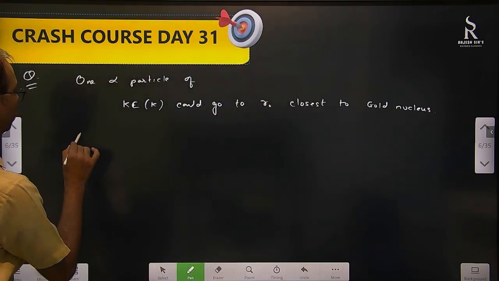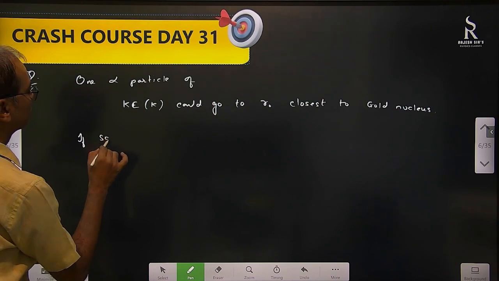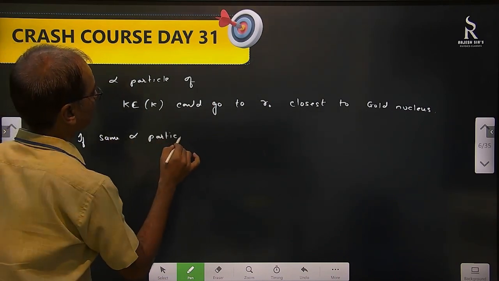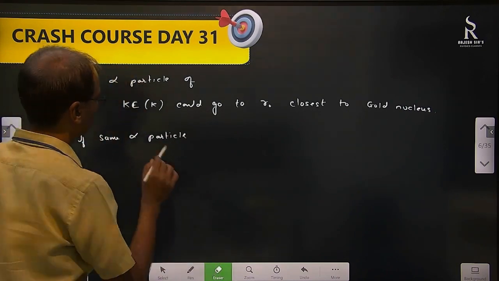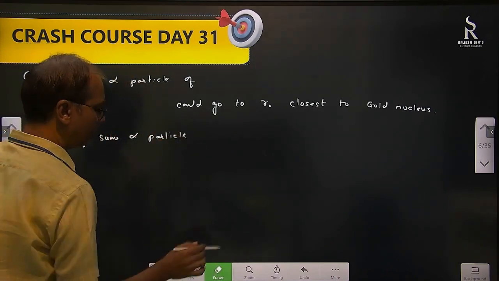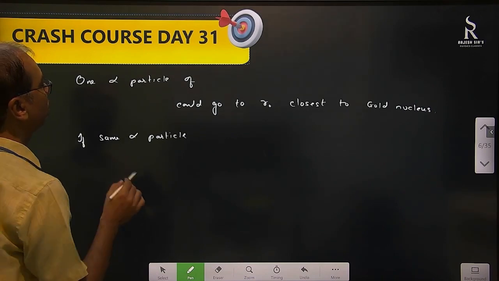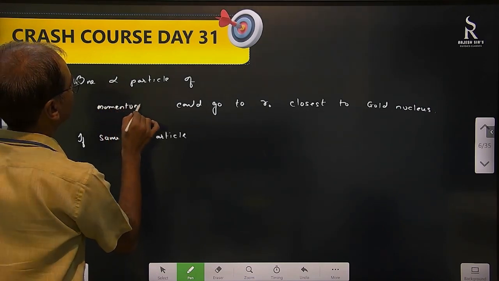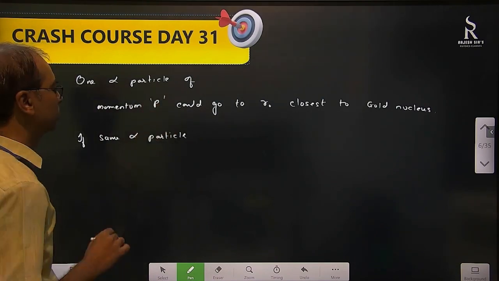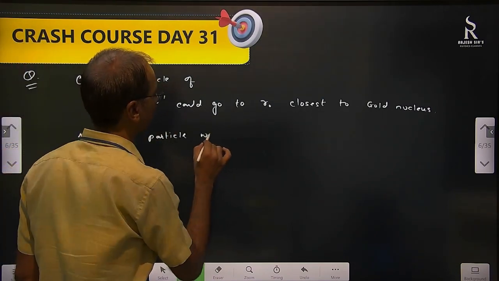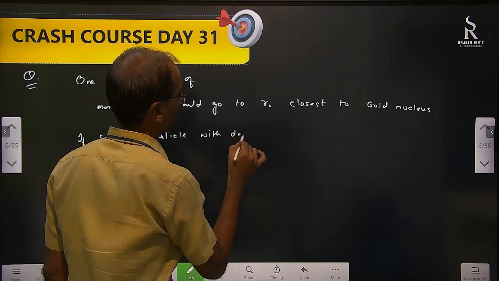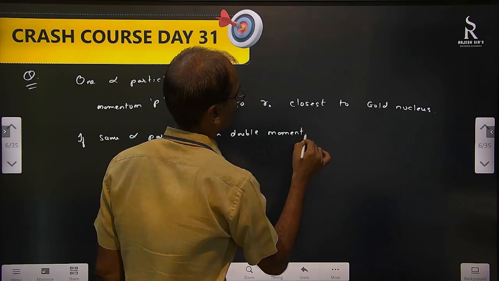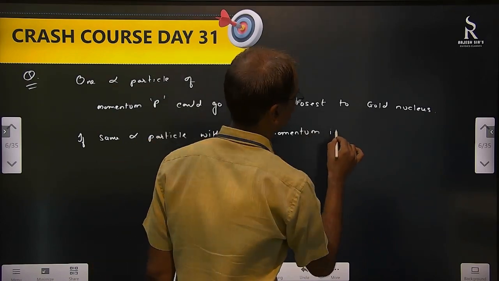Now, the same alpha particle, I am saying, make it momentum. One alpha particle of momentum P. The same alpha particle with double momentum is projected.